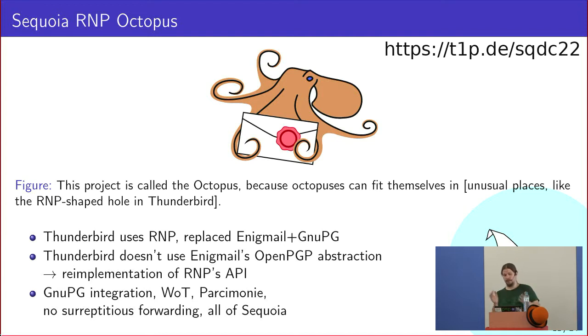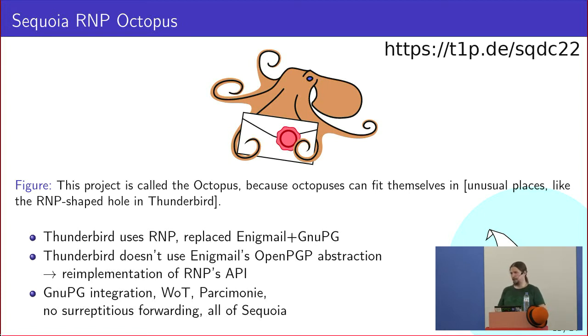Finally, or not finally, but then there is the RNP Octopus. As you may have heard, Thunderbird now has native PGP support. And they did that by incorporating Enigmail into Thunderbird and then replacing the OpenPGP.js and GnuPG backends with RNP.